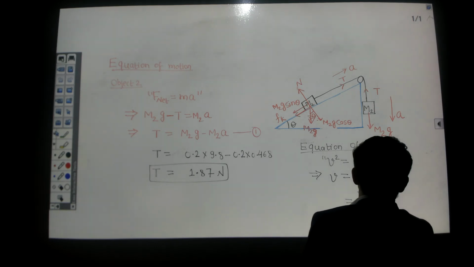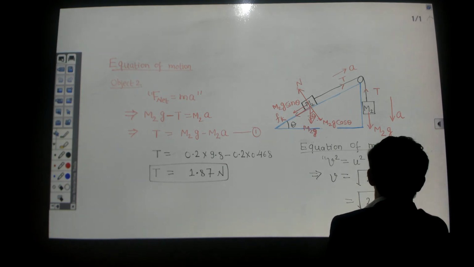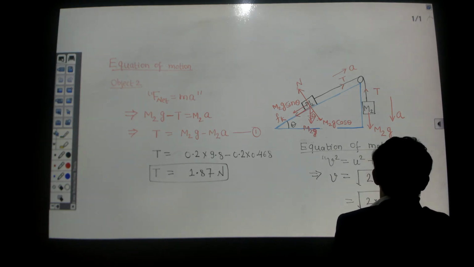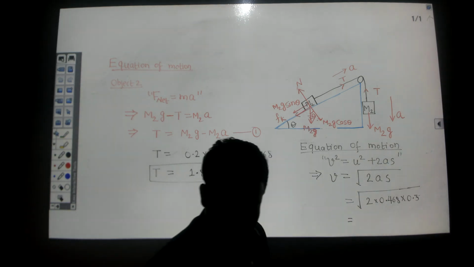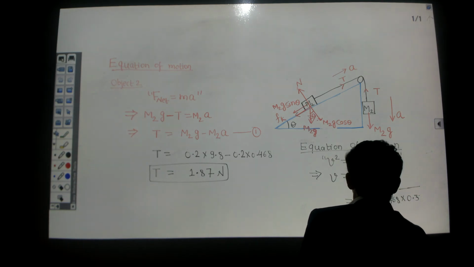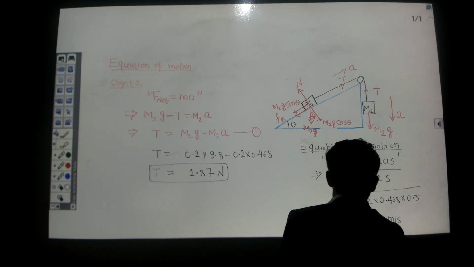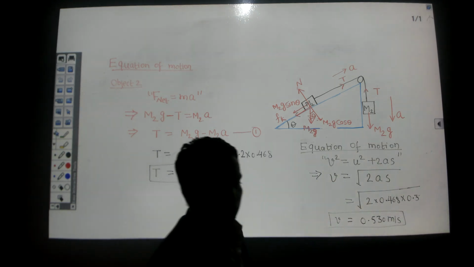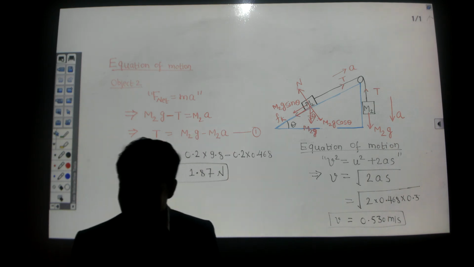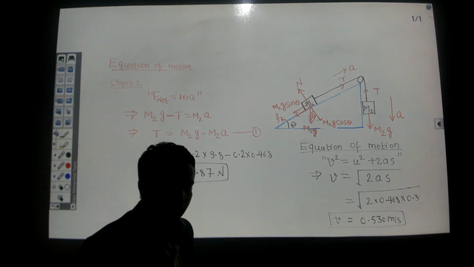We already calculated A, which is 0.468, and the distance is given, 0.3 meter. And now if I plug in all the numbers and solve it, what you will get is 0.530 meter per second.